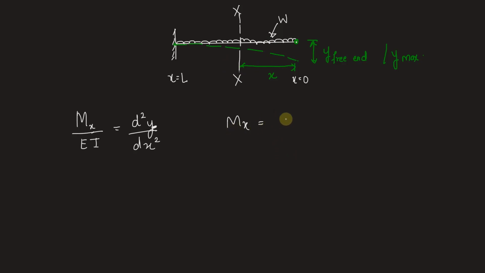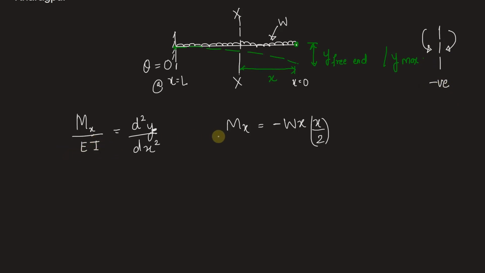So we have Mx to be W into x by 2, and this is creating a clockwise moment about XX on the right hand side. So the moment is negative, because as per convention this is the negative or hogging moment.